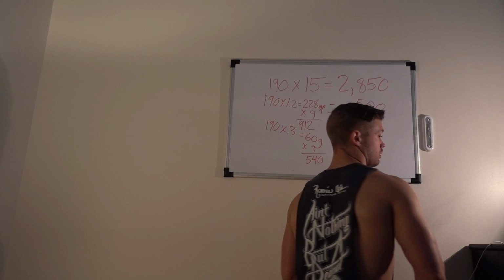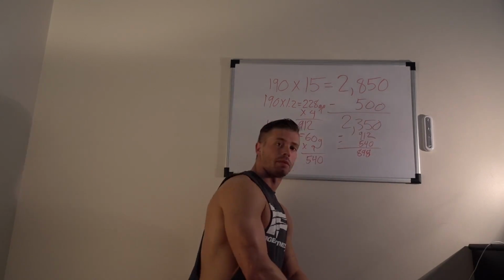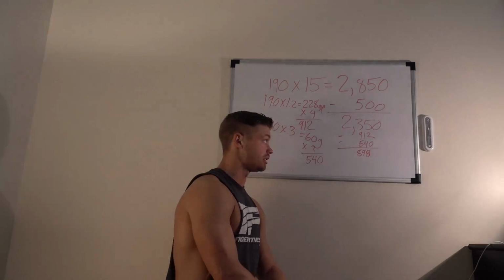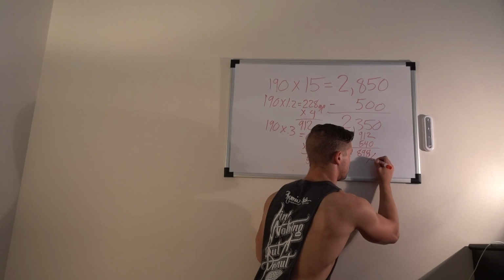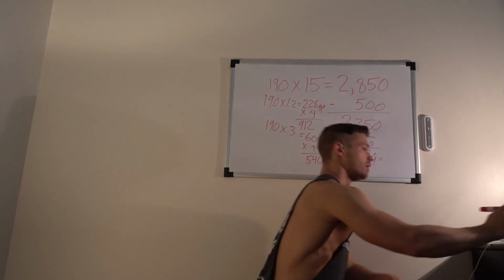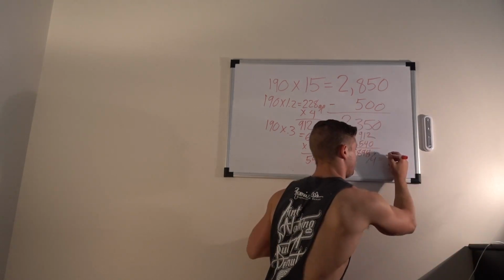Like protein, we said one gram of carb is 4 calories. So we're going to take that 898 and divide it by 4. So 225.